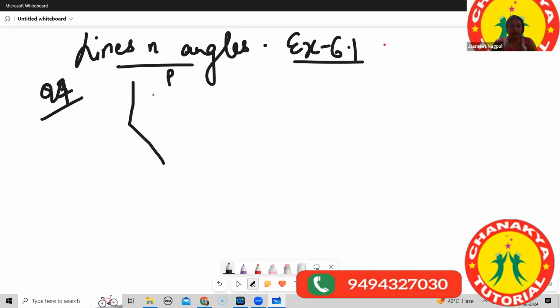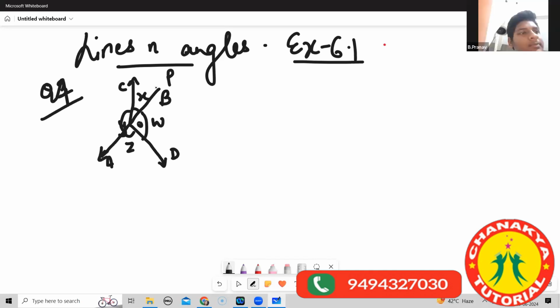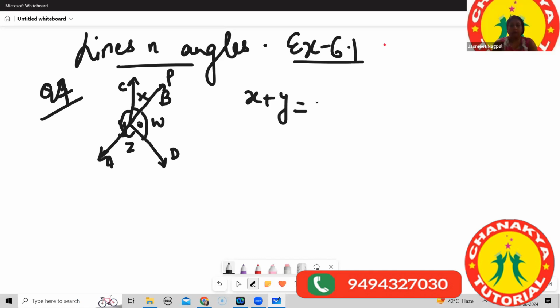The figure is like that. This is B, this is C, this is X, this is Z, Y, and W. This is your figure. Now we will start with the given part. x plus y is equal to w plus z.